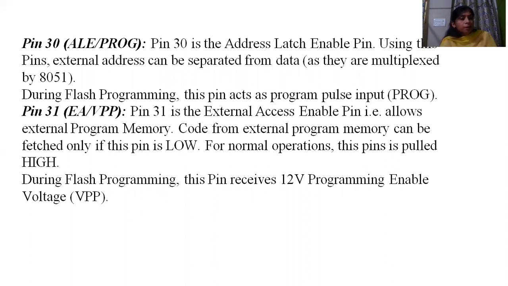Pin number 31 is the external access enable pin, which allows external program memory. If this pin is low, the code from external program memory can be fetched, and for normal operations this pin is pulled high.